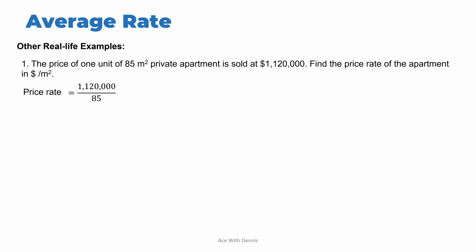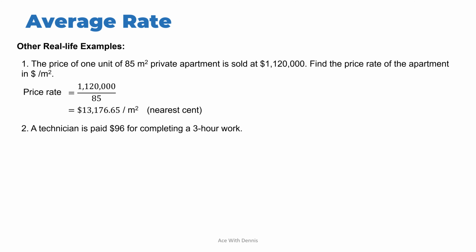Here, the price rate will equal the total amount of the apartment, which is $1,120,000, per the area of 85 square meters, and we get $13,176.65 per square meter to the nearest cent.